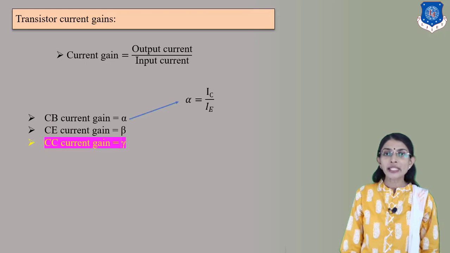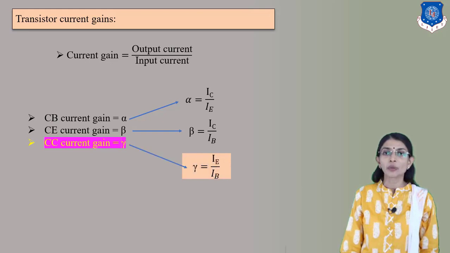Alpha equal to IC upon IE, output upon input current, because at that time base is common. Beta equal to IC by IB, at that time emitter is common. But as per today's lecture, we have studied the common collector configuration. We have the definition of gamma equal to IE upon IB.